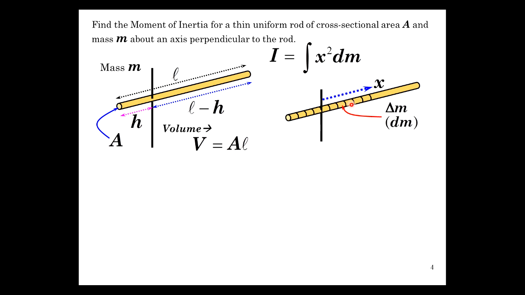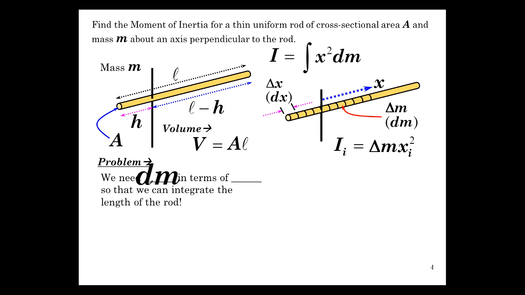These are the differential mass elements and also the differential length, or dx, along the rod. So the moment of inertia of the ith small element is delta m xi squared. The problem is that we need dm in terms of dx so we can integrate along the length of the rod.